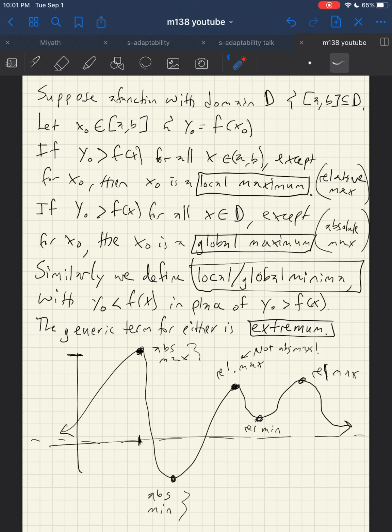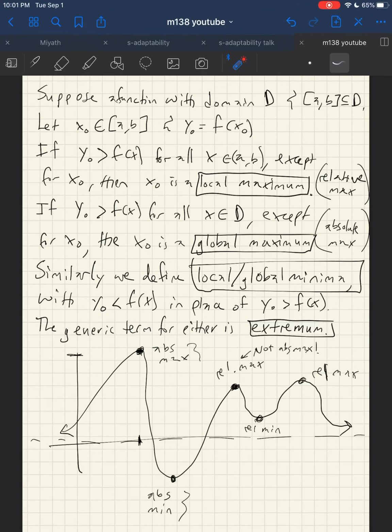I'm going to get off into the weeds here, so if you want to stop the video now, you're safe. I'm going to get off into the weeds about some technicalities here. If x is in this closed interval, then for all of the x in the open interval except perhaps x naught, this condition holds, then we've got a local max or min or whichever.